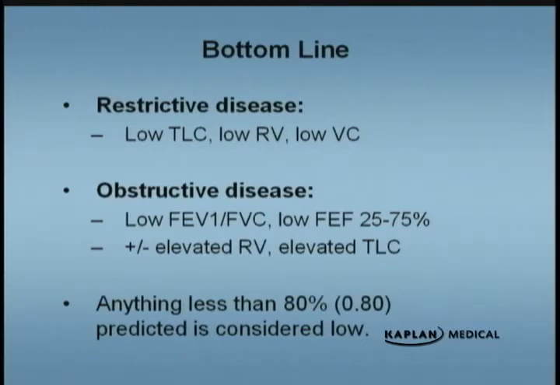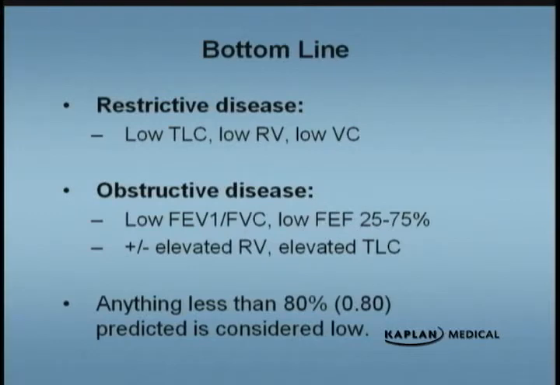So the sign of an obstructive disease on the PFTs is a low FEV1 over FVC, low FEF 25-75, and an elevated residual volume, maybe an elevated total lung capacity. It's easy to remember because anything less than 80% of predicted, 0.8, is considered abnormal. That's all you have to remember.